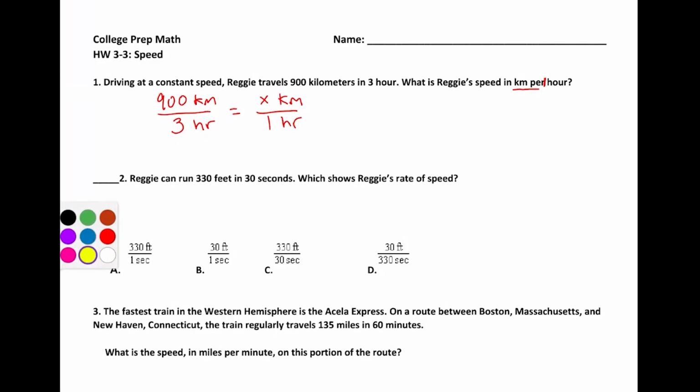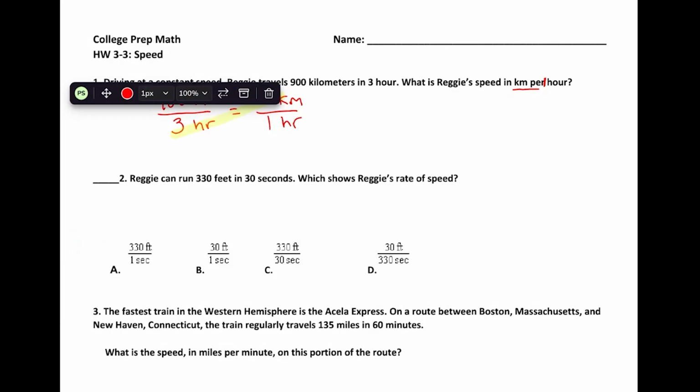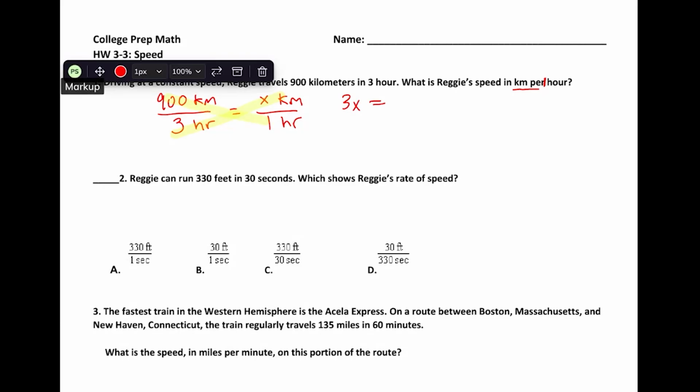So to solve this, we talked about in class how we can use the cross products property to solve a proportion, otherwise known as cross multiplication. The way it works is you multiply each numerator by the other denominator and set those products equal to each other. So 3 times x is equal to 900 times 1.